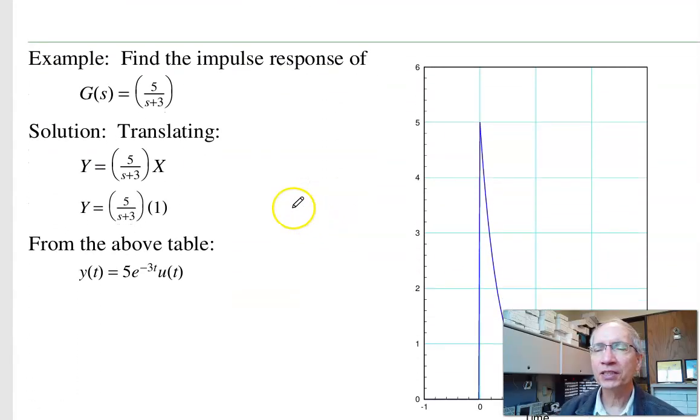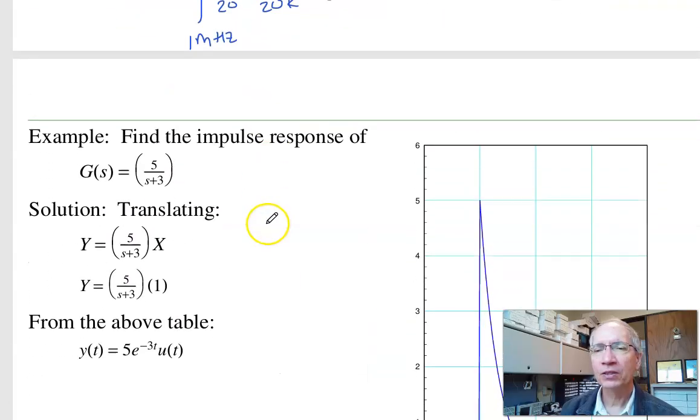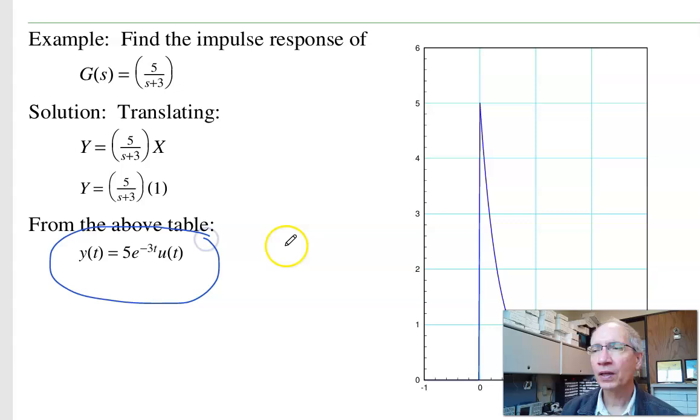So I replace x with this Laplace transform, and there's the Laplace transform of y. Once I know the Laplace transform of y, find the inverse Laplace transform. So go back to my table, and here's the entry. So the answer is going to be 5 e to the minus 3t for time positive. And that's what the impulse response looks like.